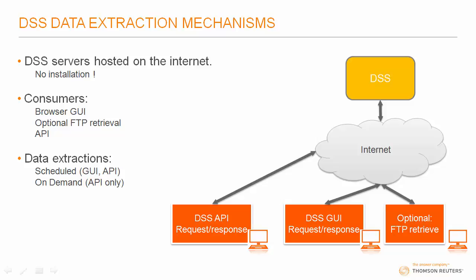These are high-level simplified calls which can only be created using the API. The choice of mechanism depends on the workflow you want to create. These mechanisms are not mutually exclusive. You can use both. For instance, scheduled extractions for data which you require on a regular basis, and on-demand extractions for ad hoc queries.